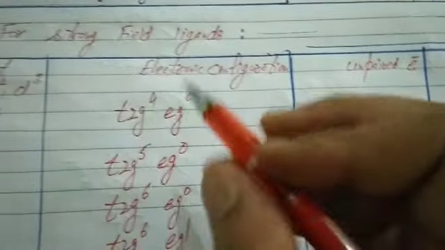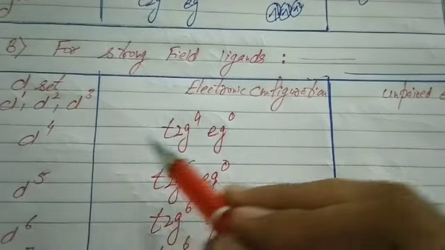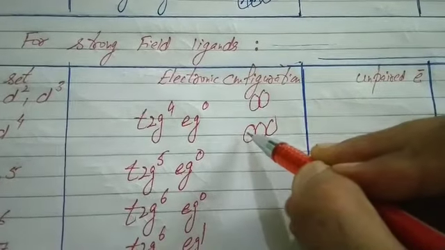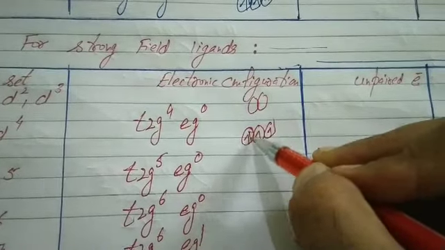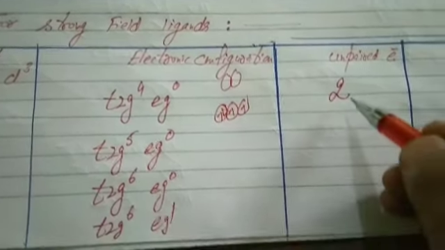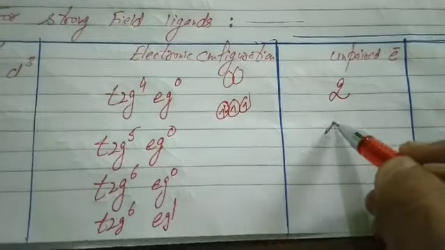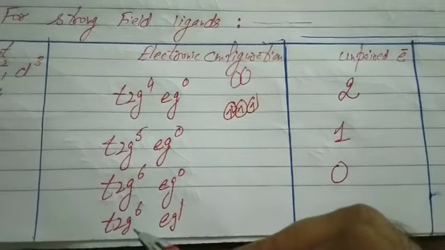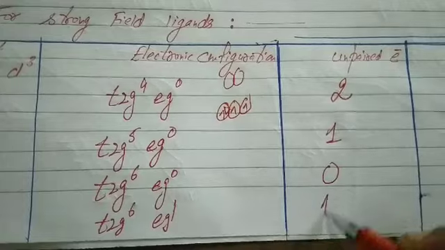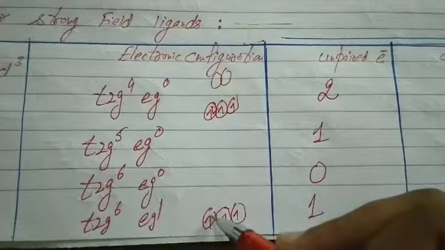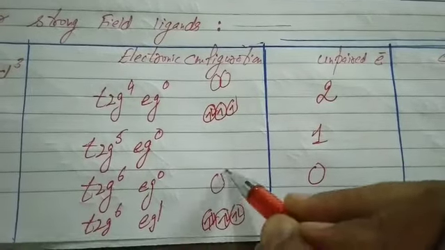Unpaired electrons, students. d1, d2, d3, it is clear. d4: t2g4 eg0. t2g4 means unpaired electrons are 2 and its magnetic moment will be 2.84. d5 means unpaired electron 1. t2g6 means unpaired electron 0. t2g6 eg1, unpaired electron 1, that is in eg level.